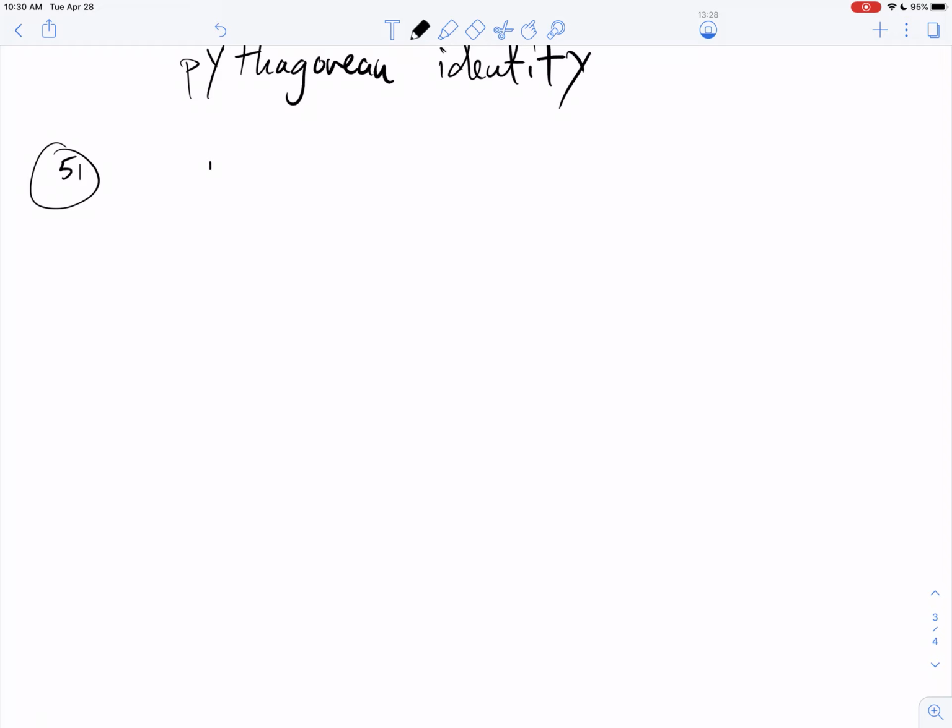Okay, 51. Check this out. 1 over 1 minus sine theta, and then they have plus 1 over 1 plus sine theta equals 2 secant squared theta. All right.